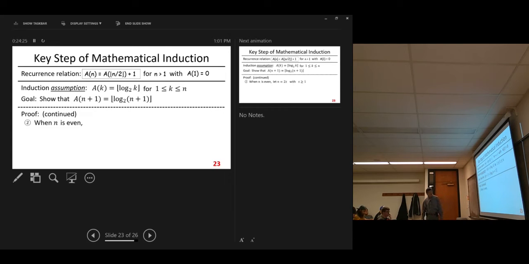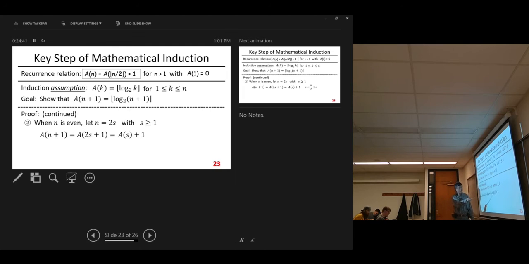Okay. When n is even, this time n equals 2s. This time we need to calculate 2s plus 1. Recurrence relation, we have that. After that, this one drop it. You can see that one drop it.